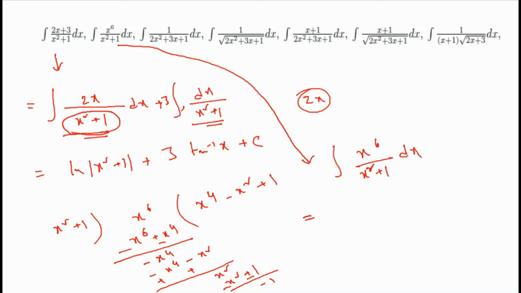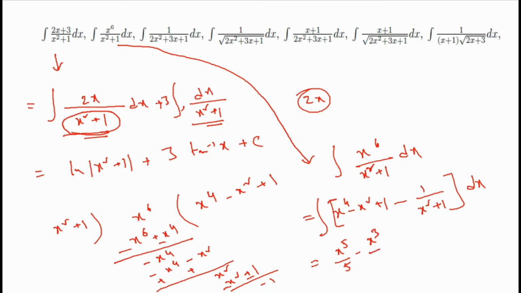So you can have this equal to x power 4 minus x square plus 1 minus 1 by x square plus 1. You can just divide easily. This is your x power 5 by 5 minus x cube by 3 plus x minus tan inverse x plus c.